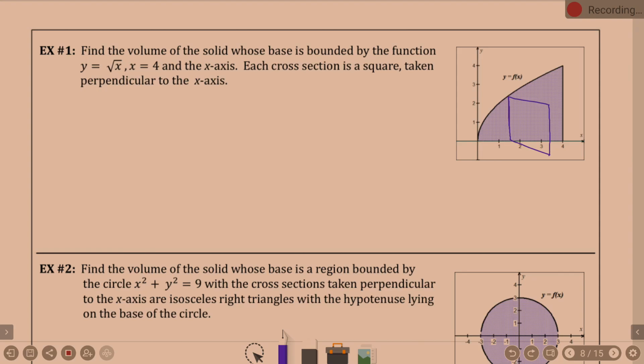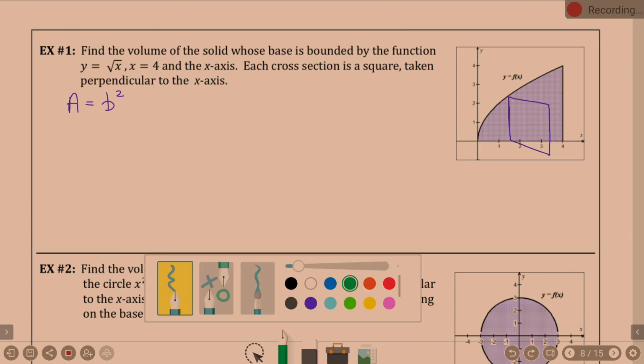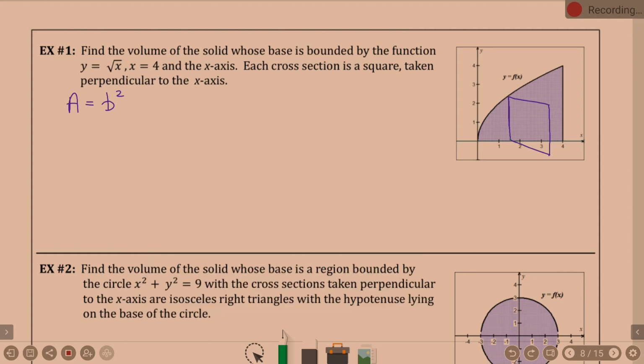We just talked on the other page. What do you know about the area of a square? B squared, if one side is B, yes? Okay. We can't use B. We have to have this in terms of our equation. So the base of the square goes from the x-axis up to that curve.